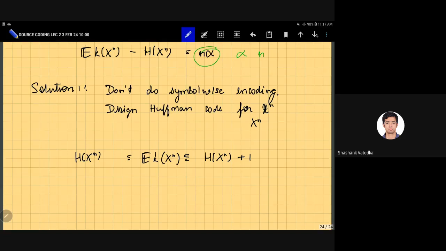So this is great, but then what about the complexity? What is the complexity of constructing a Huffman code for xn?